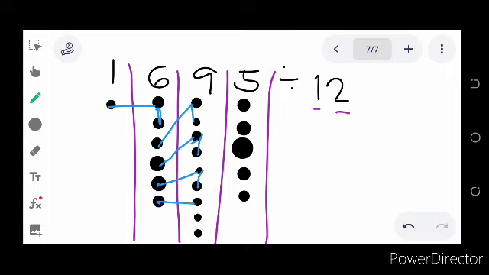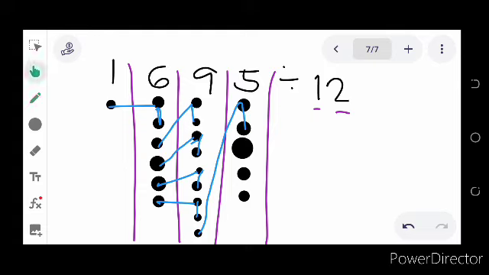One dot from the left, two dots from the right. Next, all the dots here have been connected. Go to the next column, follow the same pattern. One dot from the left, connect it to two dots to the right. Now, all the dots have been connected.